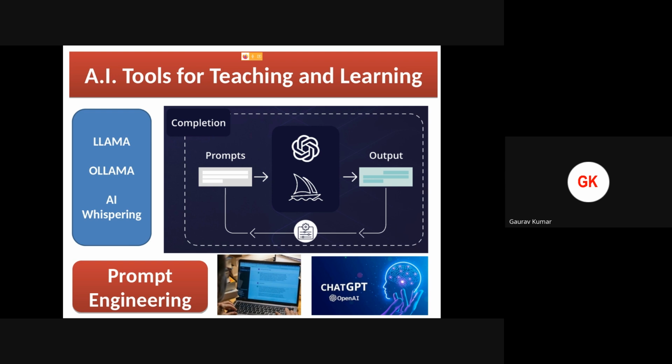Participants from technology, science and engineering, or specifically IT backgrounds might have heard this term LLM, large language model. So we can create our own ChatGPT like product also using LLM programming. But in this session, we will see how to use different applications and in which way we can go for prompt engineering.